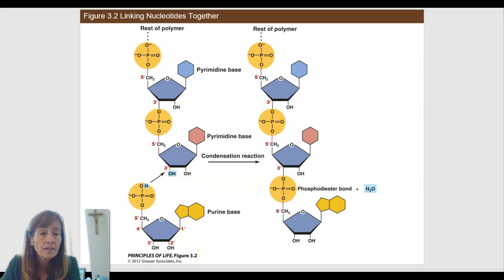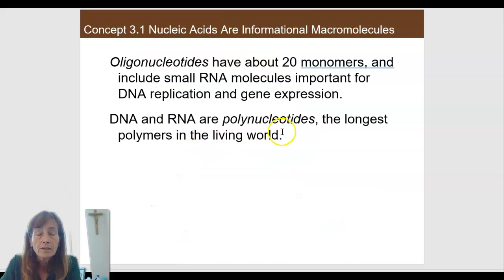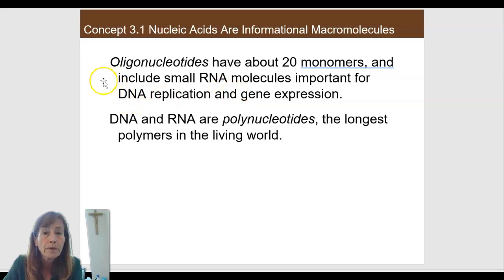All right, here we go. Now, if you have a group of these that's about 20 monomers, we can call that oligonucleotides. The prefix is just telling us that it's got a fairly short chain. 20 is pretty short for nucleic acids, but RNA is much smaller than DNA, so with RNA that's not unusual.